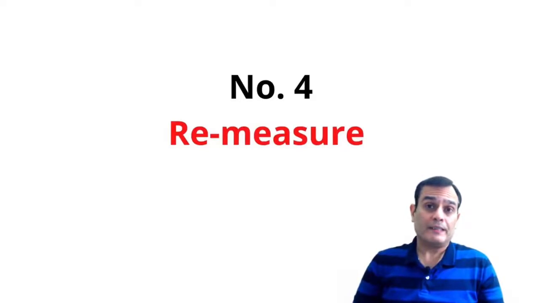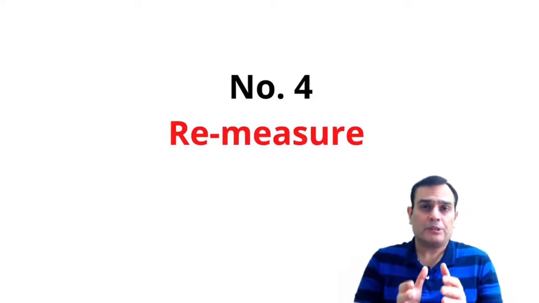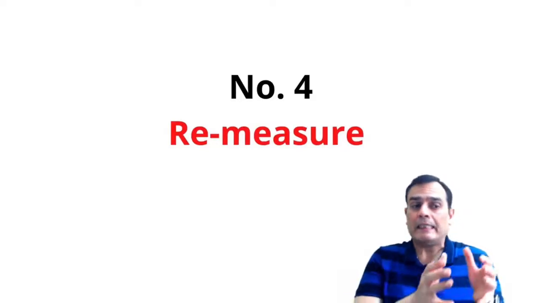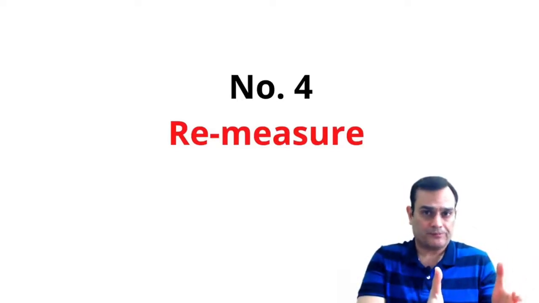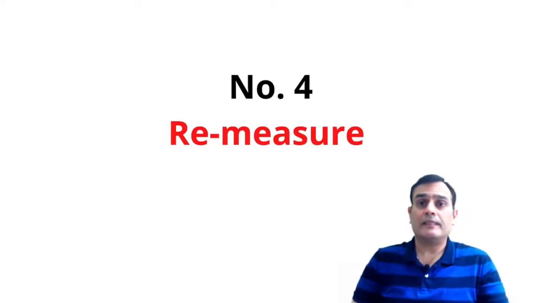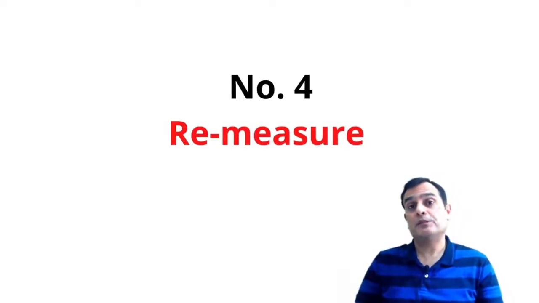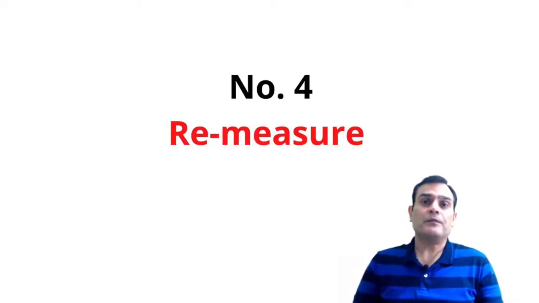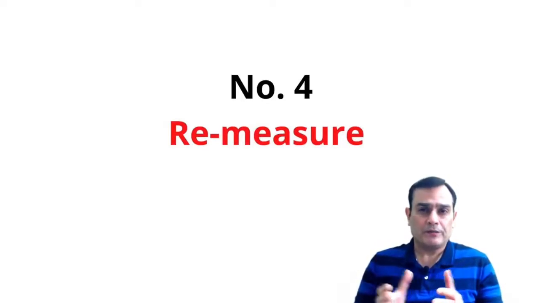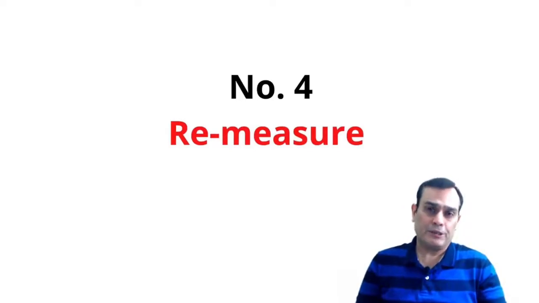So the question arises: if we were measuring that particular asset and liability at cost, and now as per Ind AS the subsequent measurement should change to fair value, then in these cases there would be certain remeasurement adjustments as well.